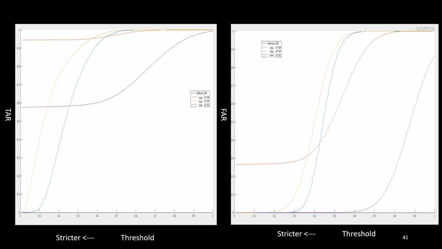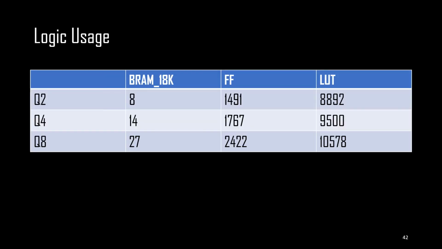When the threshold is between 0 and 0.1, the 2-bit solution has better TAR than the 4-bit one. And here is the logic usage of the different systems implementing 2-bit, 4-bit, and 8-bit quantization LDPC codes. It increases linearly as quantization bits increase, so it really makes sense.